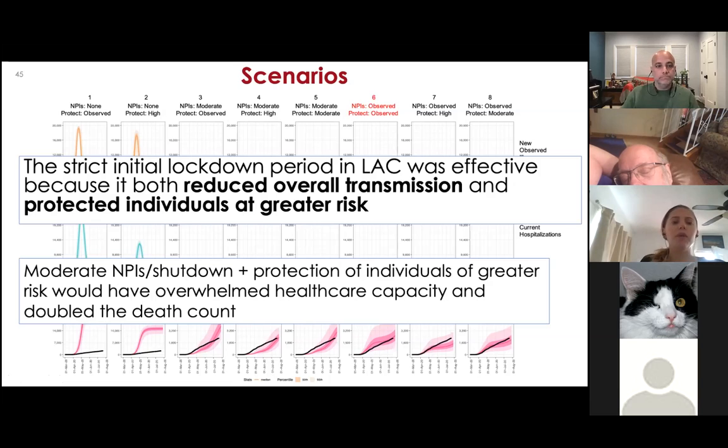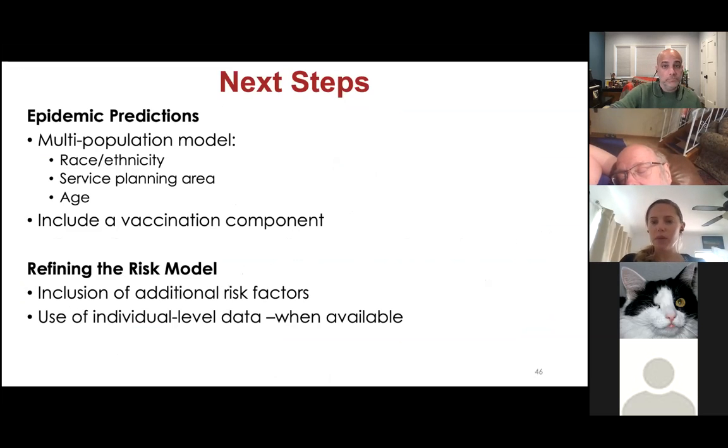And so what our big takeaway is that the moderate NPIs and the protection of individuals of greater risk would have overwhelmed healthcare capacity and doubled the death count. So yeah, those are some of our analyses.